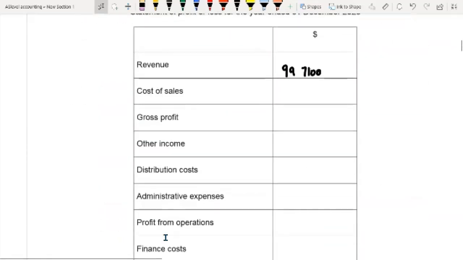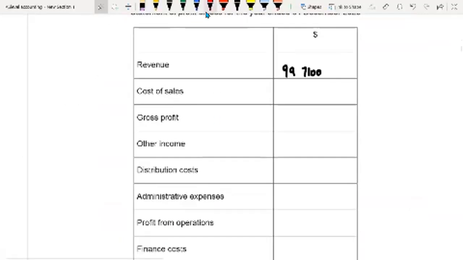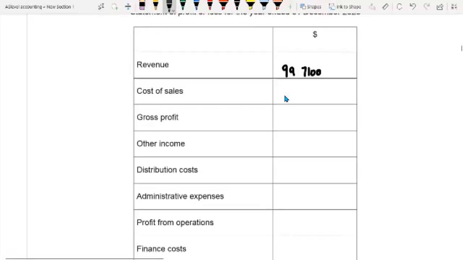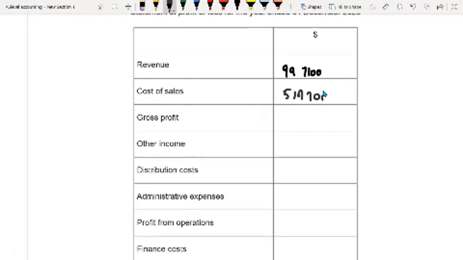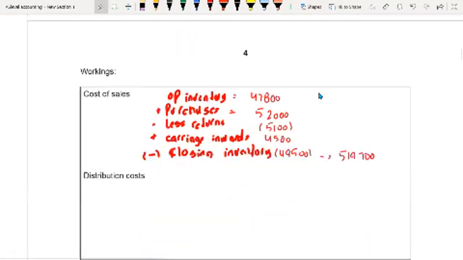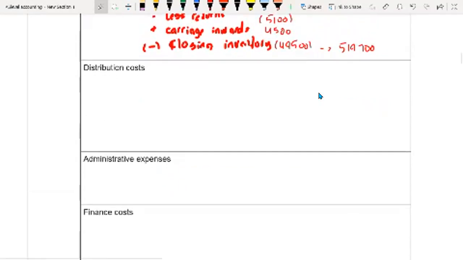First of all, I think I should write the cost of sales here. The cost of sales was 5,19,700. Okay, so let's find out the distribution now. Distribution cost.